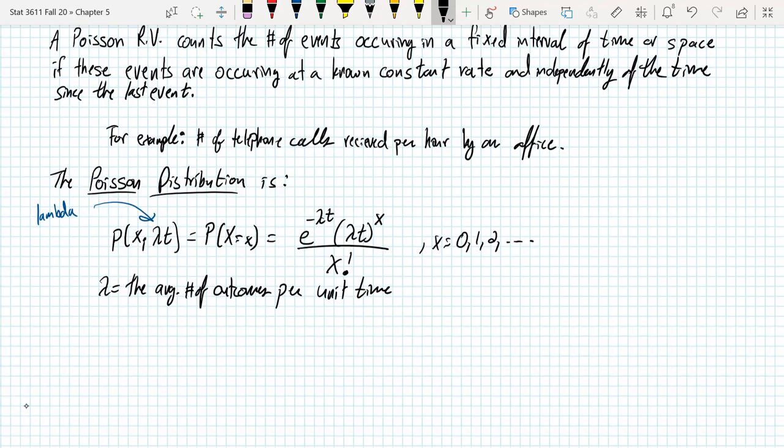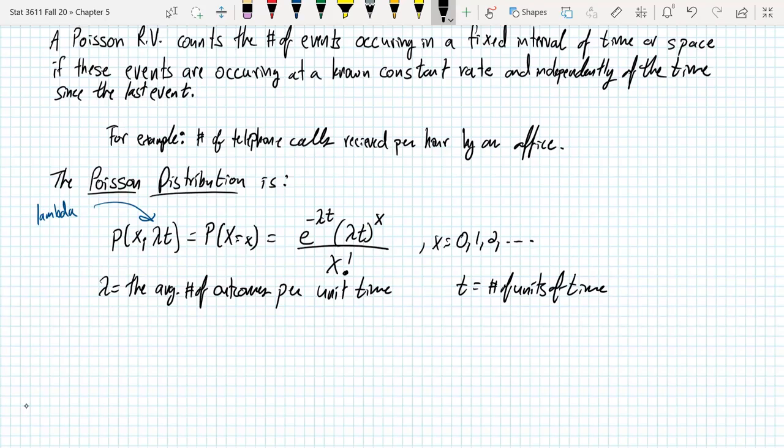So it might be like, we know that on average, this office gets 10 phone calls per hour. Lambda would be 10 there, per unit time. T then would be the number of units of time that you're going to have.